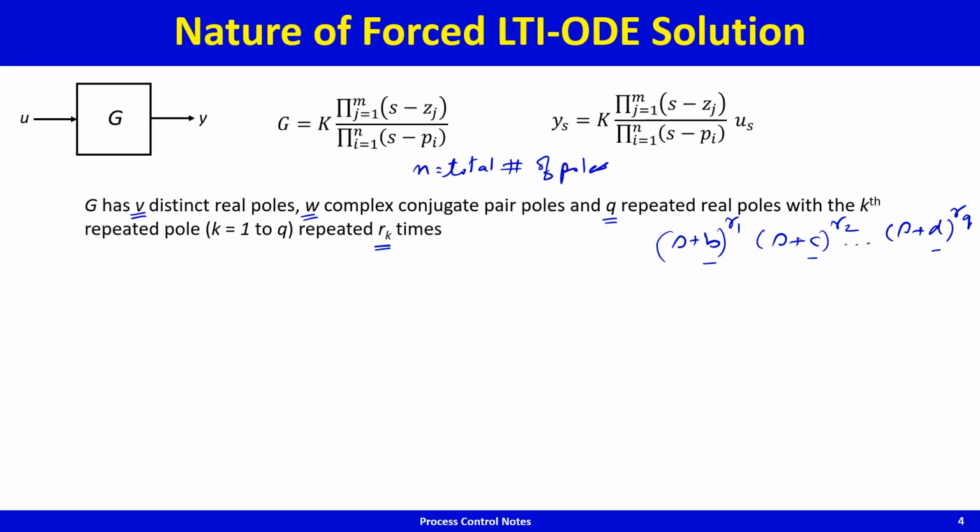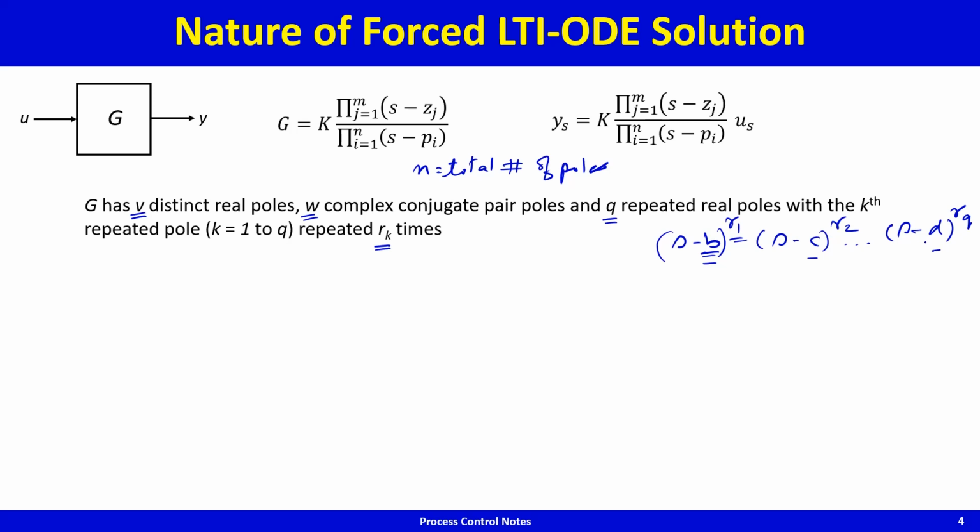What are those q roots? B, C, and so on and so forth, D, that are repeated. So q roots are repeated, and the first repeated root, which is B, is repeated R1 times. The second repeated root, which is actually minus C, is repeated R2 times. Just to be consistent, let's keep the sign in the factor form. So the root B is repeated R1 times, the root C is repeated R2 times, and the final root, which is D, is repeated RQ times.